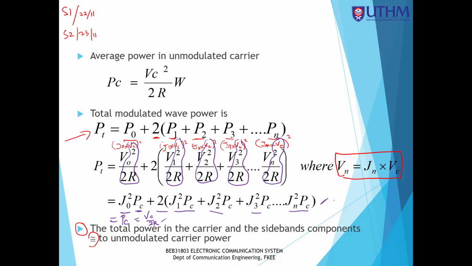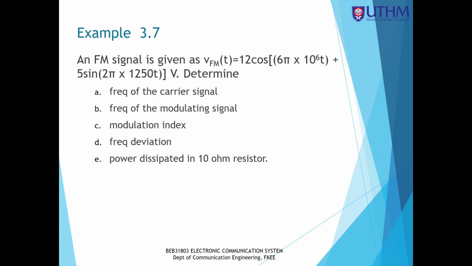So we're going to see the next example so that you can have a clear picture of this situation. Let's do example 3.7. An FM signal is given as VFM(t) equal to 12 cos(6 pi times 10 power of 6 t plus 5 sin(2 pi multiplied with 1250 t)).